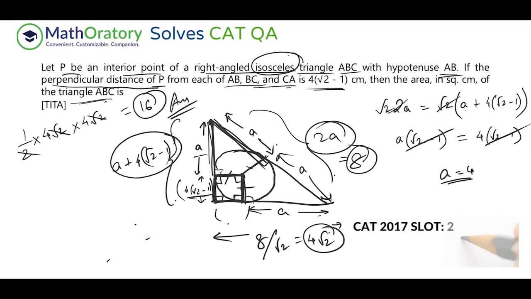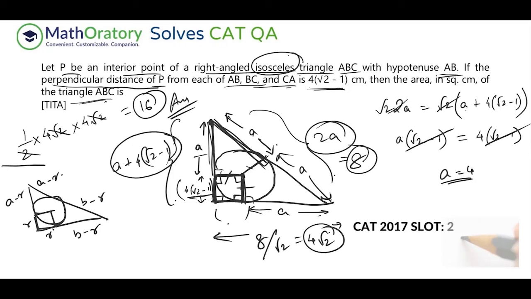Rather, I would recommend that if you want to remember something, just remember it in this way. Let me show this once. If I have a right angle triangle, since this is r, and the square idea, this is r. So this leaves a minus r here, b minus r here, and this is b minus r, and this is a minus r, right? Because of the tangent idea. So this is just the derivation.